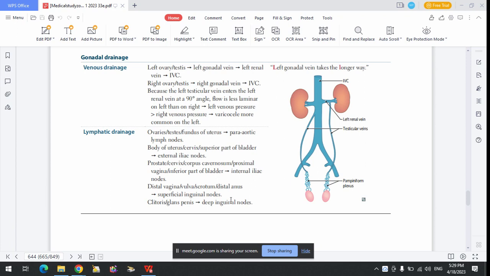Dr. Francis, are you still there? Okay, the internal iliac. I heard everything except the internal iliac. Yeah, that's the last one I was going to. In my mind, I'm thinking of internal things, as Dr. Toby said.